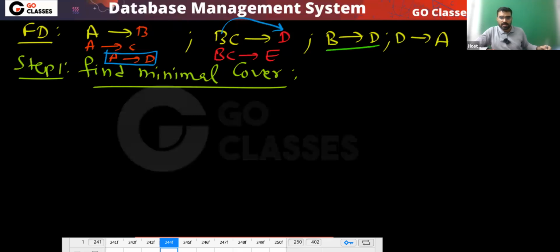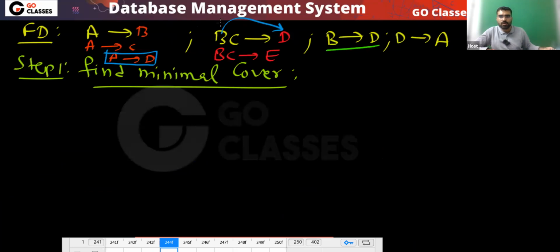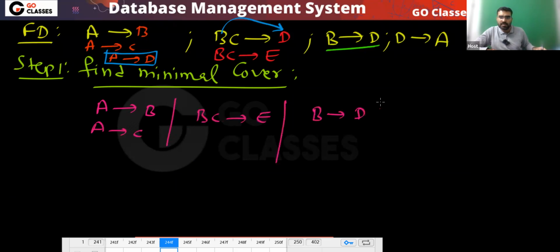I cannot remove them. All the remaining are mandatory. So finally your minimal cover will be this: A determine C, A determine B, BC determine E, B determine D, D determine A. What is your step two?